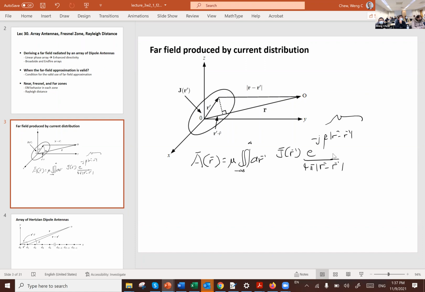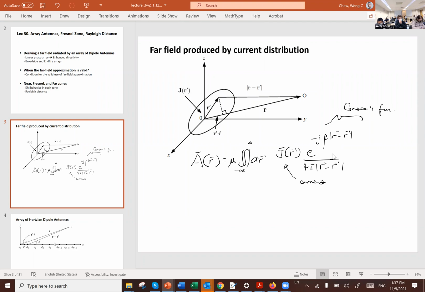So this is the Green's function, and this, of course, is the current. Once given the current, in order to find the vector potential, we just need to convolve the current with the Green's function. Of course, this is easily said and done.